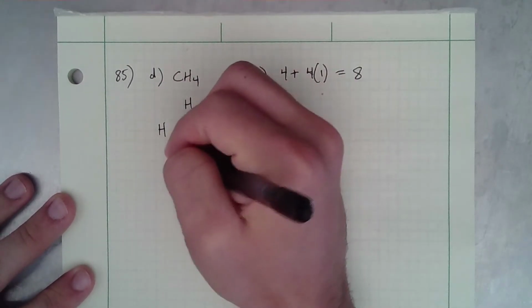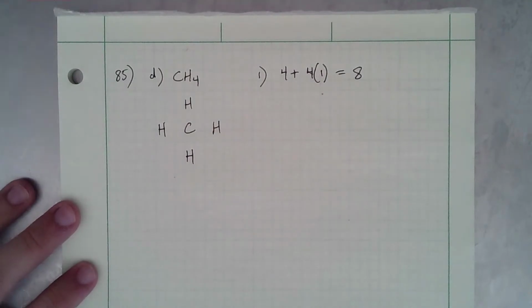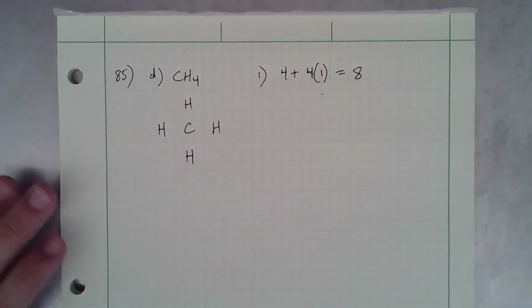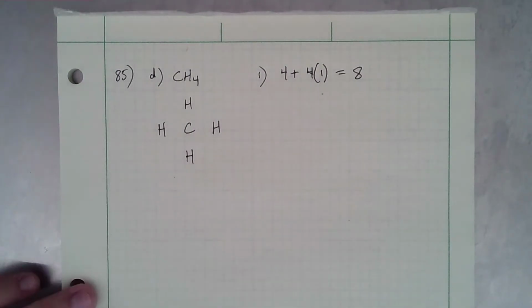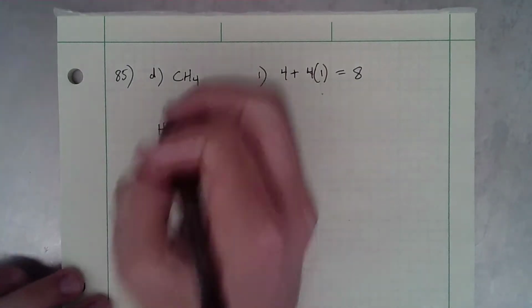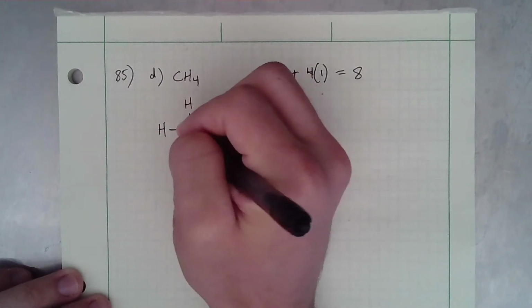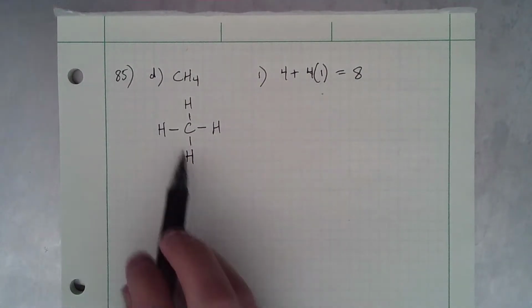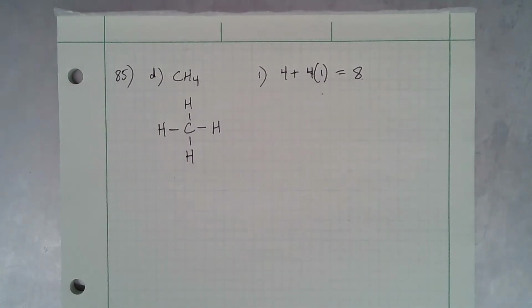I think they even give that to you as a hint in the problem in the book. You can do this in a couple of different ways. The way that I'm more familiar with and the way that I prefer is to draw bonded pairs as lines. Each line represents 2 electrons. It's a bonded pair. So that actually uses up all of my electrons.